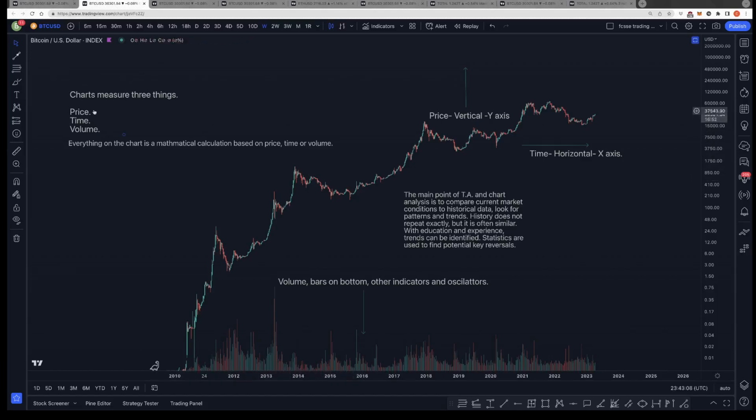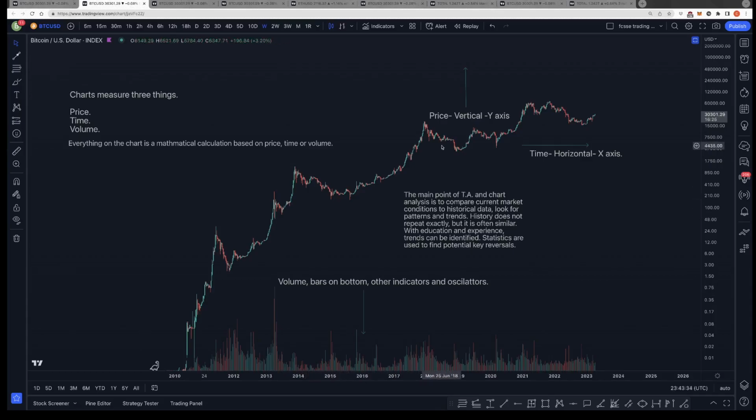There's the price, which is the vertical y-axis. There is the time, which is the horizontal x-axis. And there is the volume, which are the bars on the bottom. There's also other indicators and oscillators that measure volume. There's a few different ways to do it, but those are the main three things that are getting measured.